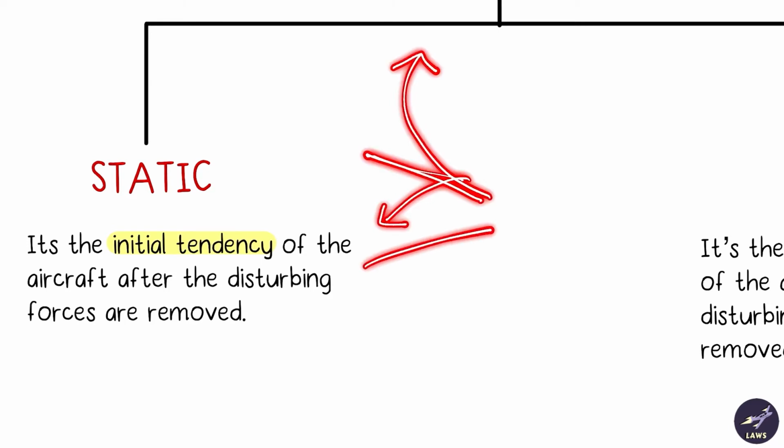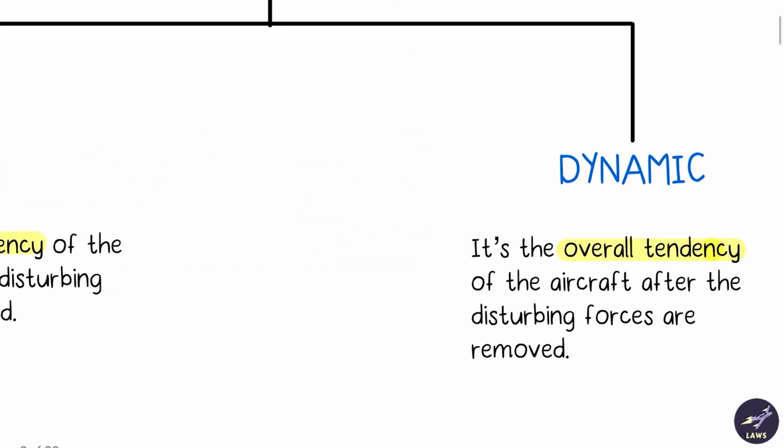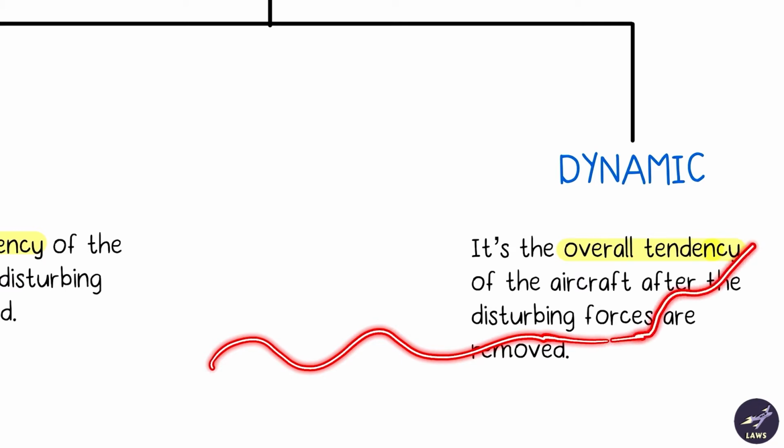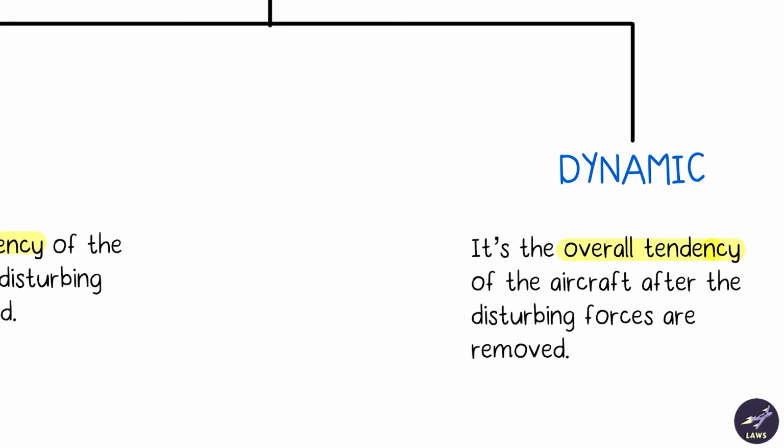So whatever its initial tendency is, that is known as static, and dynamic is the overall tendency. That is, over time, what is the tendency of the aircraft? Is it to come back to equilibrium, or does it become unstable over time? So that is dynamic.